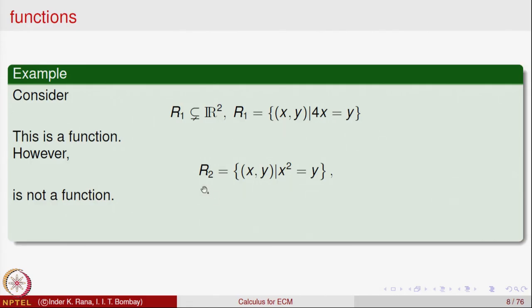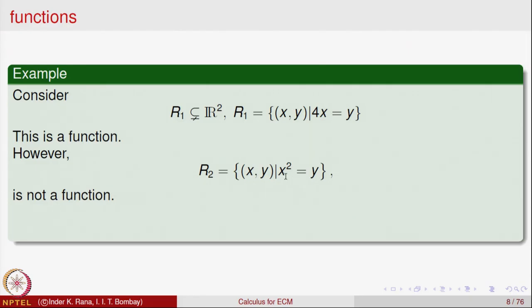Let us look at the following. Another relation x y says that x square is equal to y. So, is this a function? To check whether it is a function or not, each element x must be related to a unique element in y.